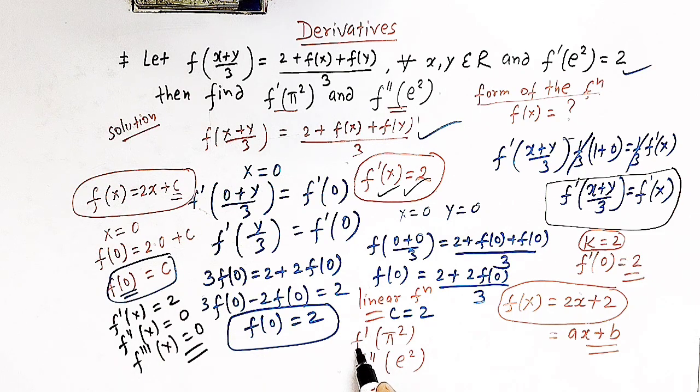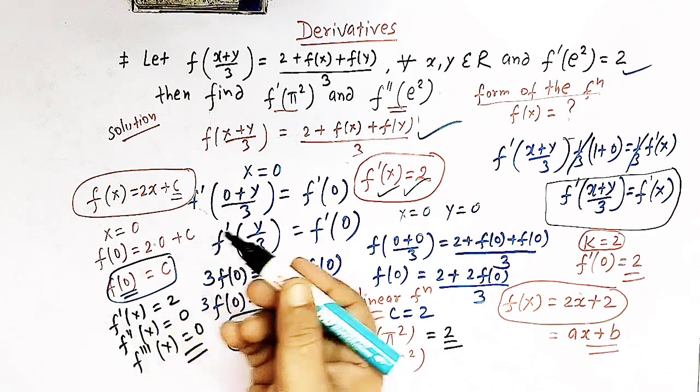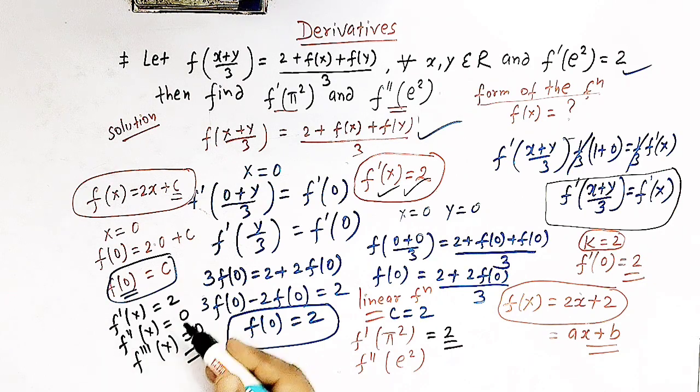So to get the value of f prime of pi square, f prime of pi square is also equal to 2, because f prime of x is a constant function, and in other words we can say that f prime of x is independent of x. So whatever be the value of x, f prime of x is always going to give us 2, right?